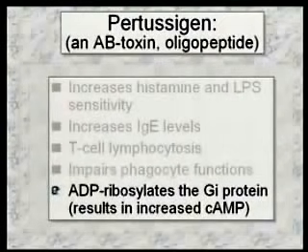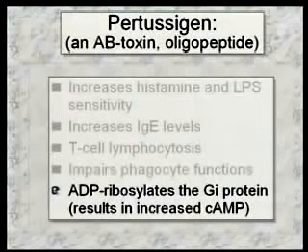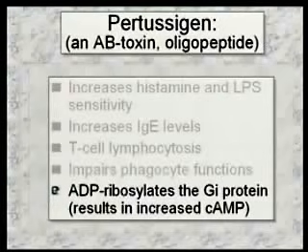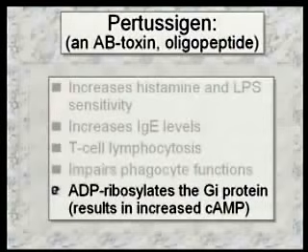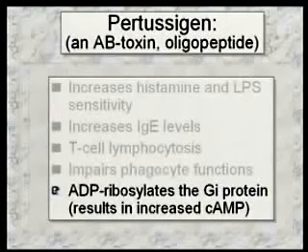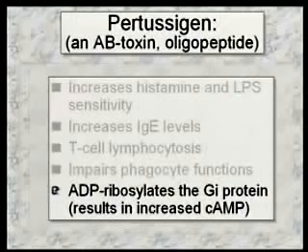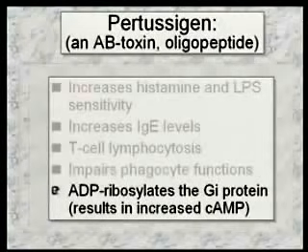It has ADP ribosylase activity, acting on a protein that is involved in the control of adenylate cyclase activation. Okay? And the consequence of that is accumulation of cyclic AMP in the cell, and that in turn results in increased excretion of liquid, and that's why mucus secretion is increased in infected individuals.